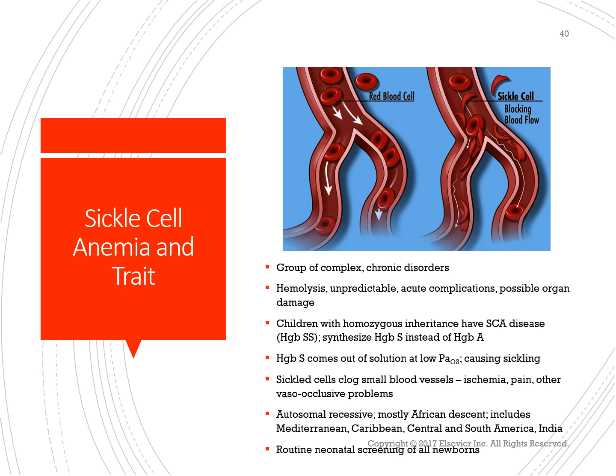This is an autosomal recessive disorder, and we see it mostly in those of African descent, including also those Mediterranean, Caribbean, Central and South America, and India. And we will usually see this on our newborn screens.